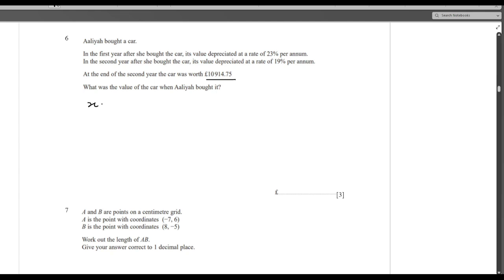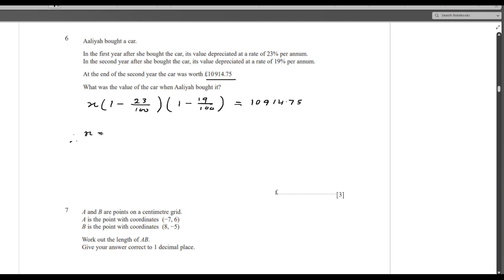So I have x times 1 minus 23 divided by 100. This is the value after depreciation for the first year. Then I will use this value to depreciate it further by 19%. So 1 minus 19 divided by 100. This is depreciation for the second year, and after 2 depreciations my result is 10,914.75.